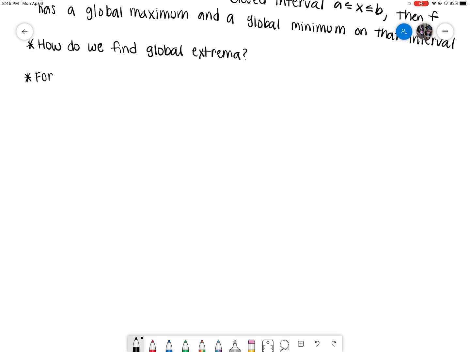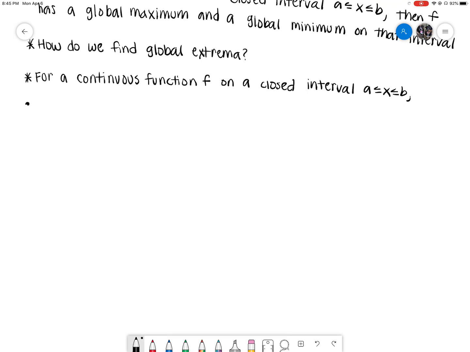For a continuous function f on a closed interval from a to b, you do the following.